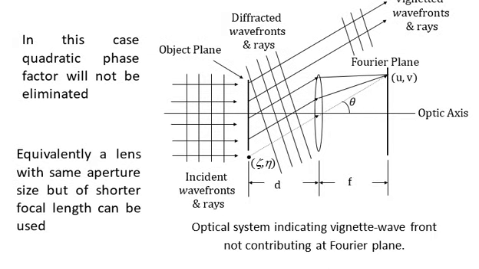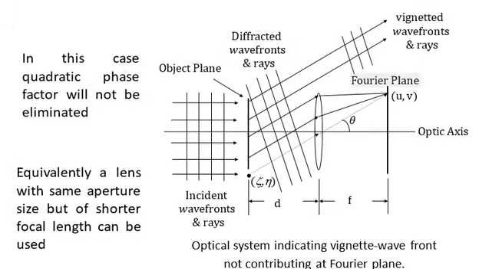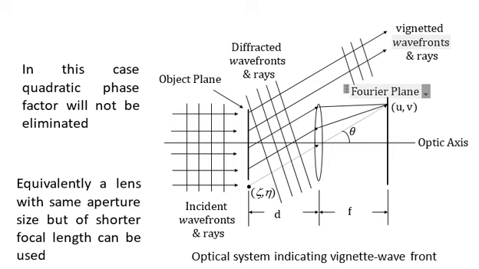So you see that the object plane has been labeled over here, located at the zeta eta plane, and an incident plane wave front is normally incident on the object. The plane wave fronts are shown in vertical arrows, and the arrows show the direction of the plane wave front hitting the input object. And you know that there are diffracted wave fronts at an angle theta diffracted in other directions, which we have labeled at the end as vignetted wave fronts and rays.